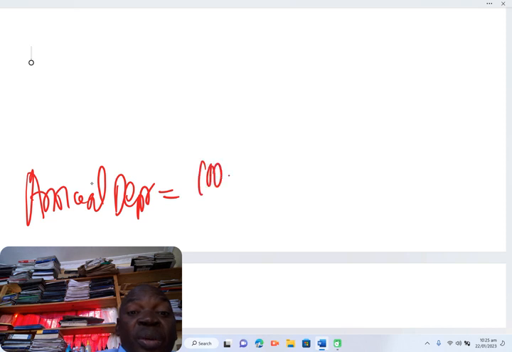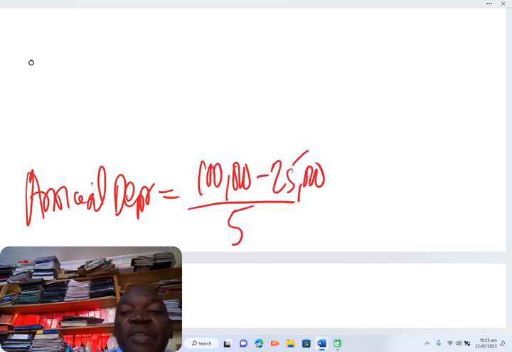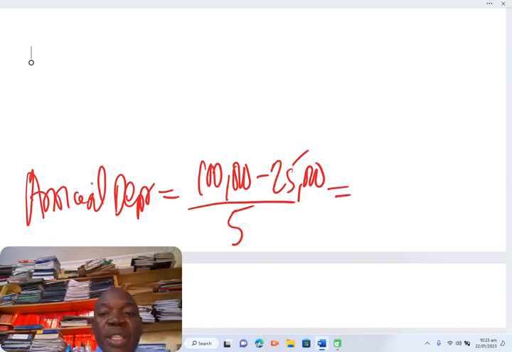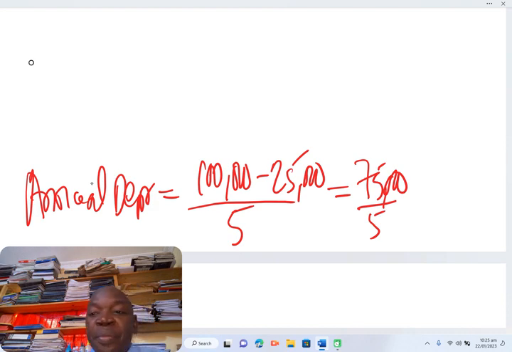It is 100 minus 25 divided by 5. So this is 75 divided by 5, which is 15.